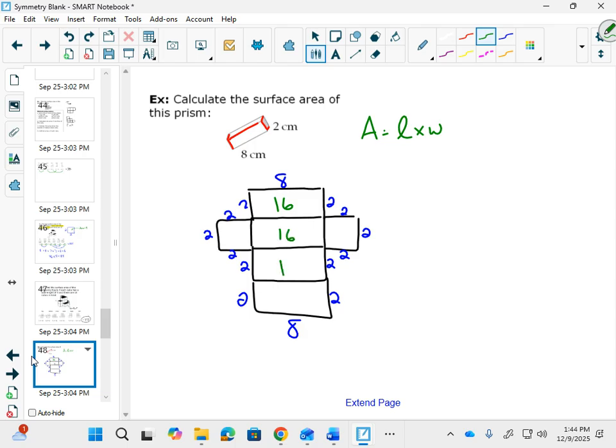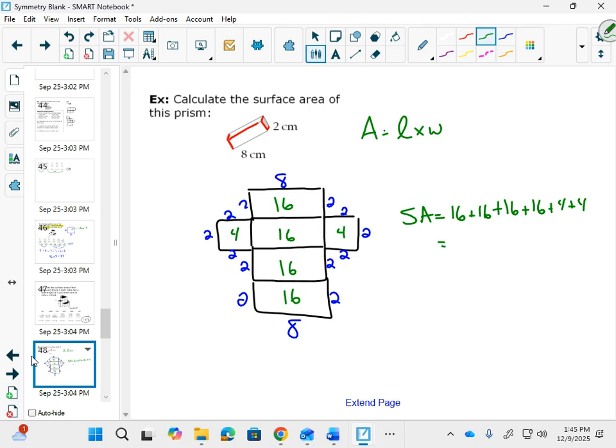And does it make sense that all of these ones are the same size? They'll all be 16. What about the little squares? What are their area? 4 and 4. So my surface area of this whole thing will be 16 plus 16 plus 16 plus 16 plus 4 plus 4.